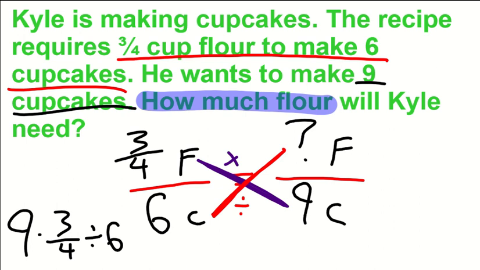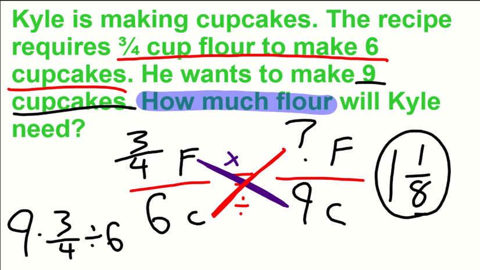You can put that into the calculator all at once, 9 times 3/4 divided by 6 in one row, and it'll give you your answer. What do we get? 1 1/8. Any questions on that?